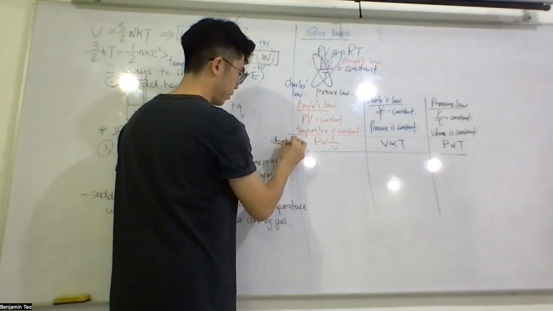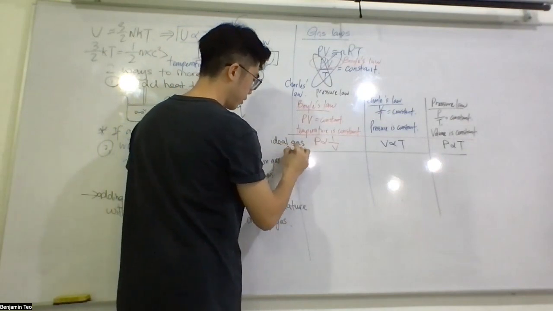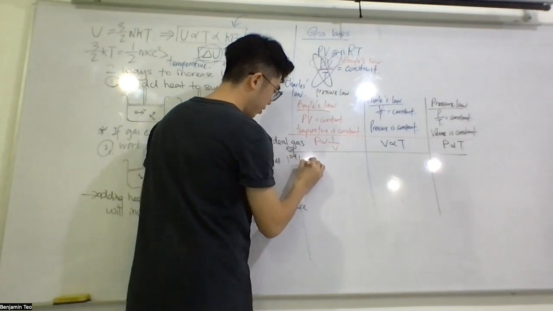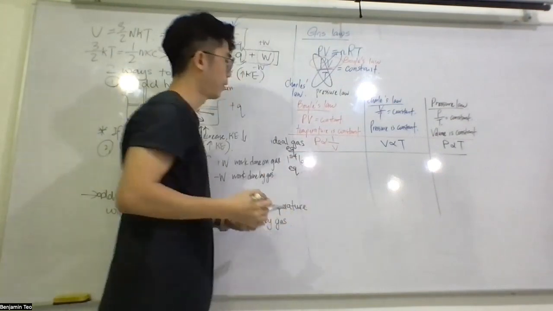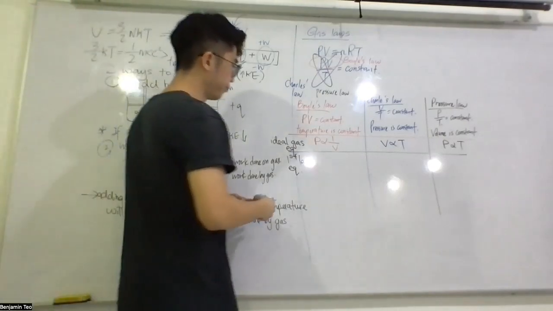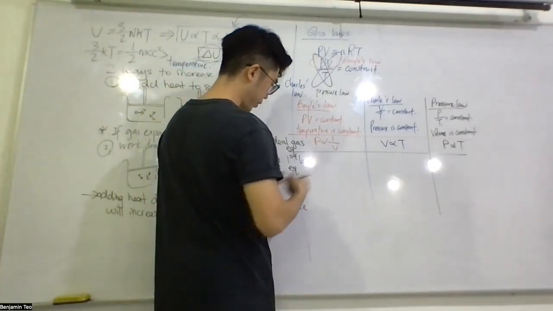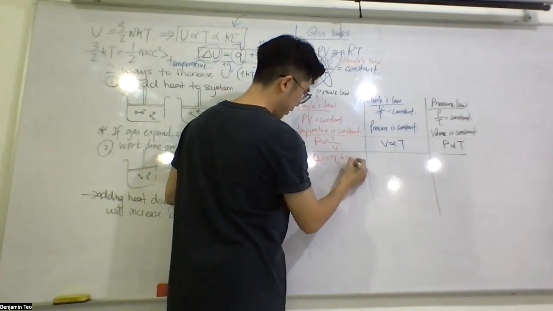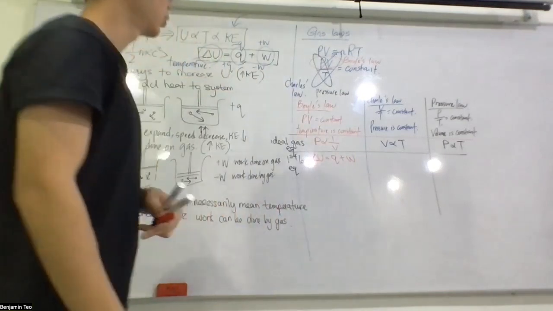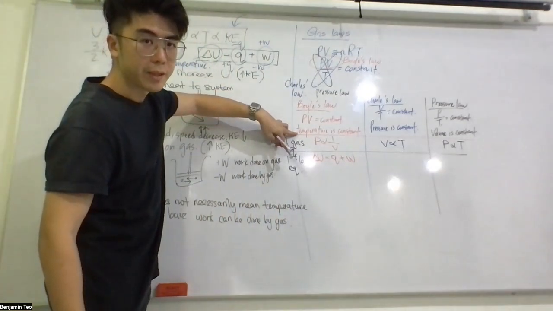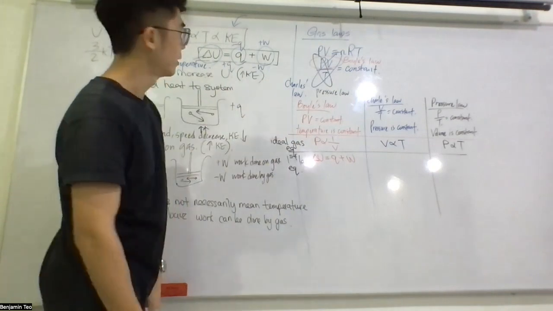What about the first law? First law equation. Okay, the first law in Boyle's law: delta U is Q plus W. Temperature is constant. So remember, temperature is related to internal energy.